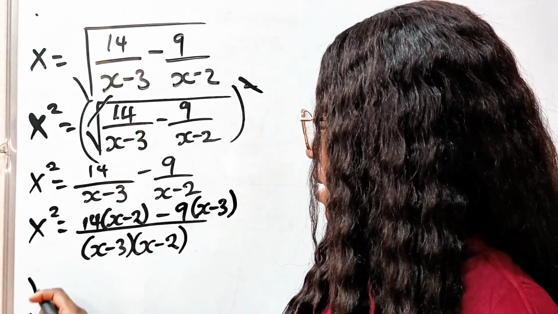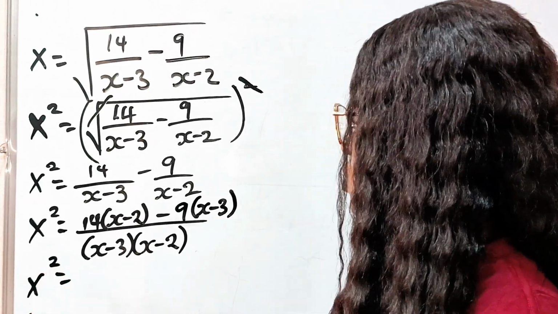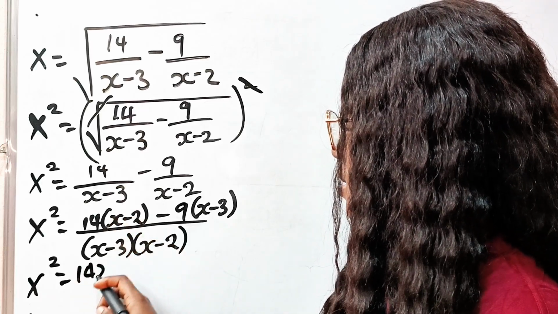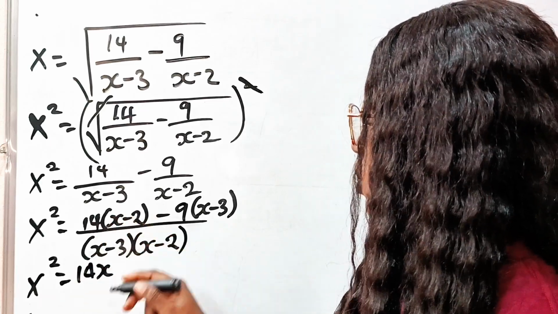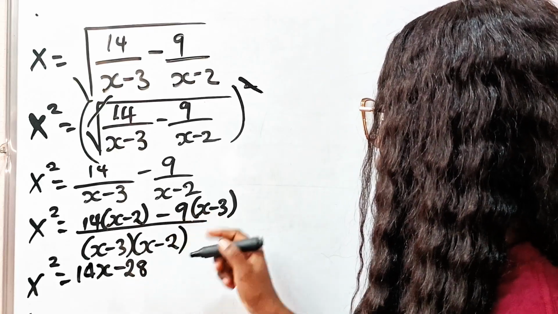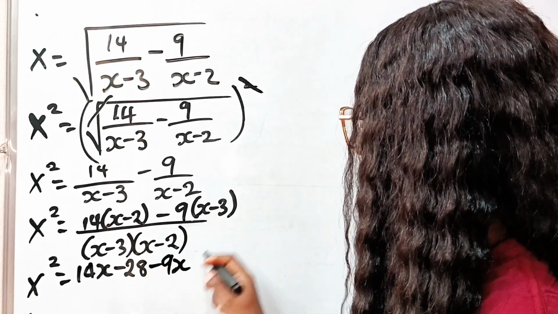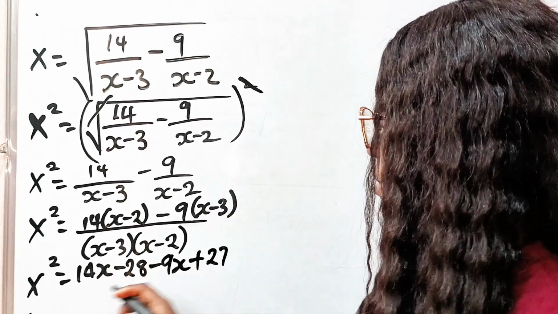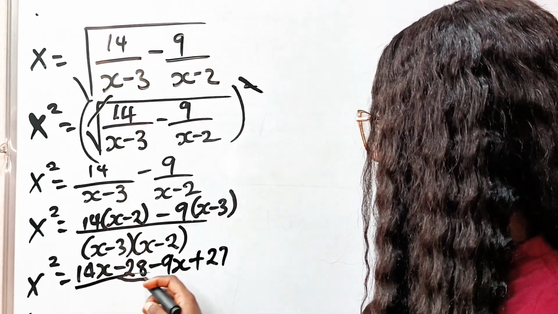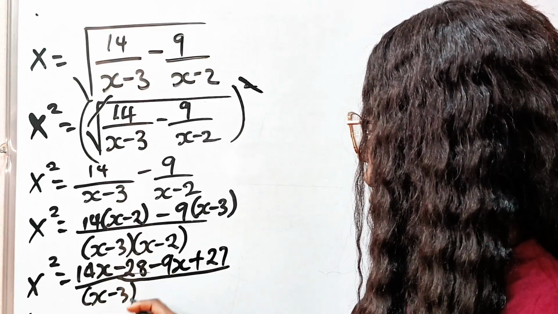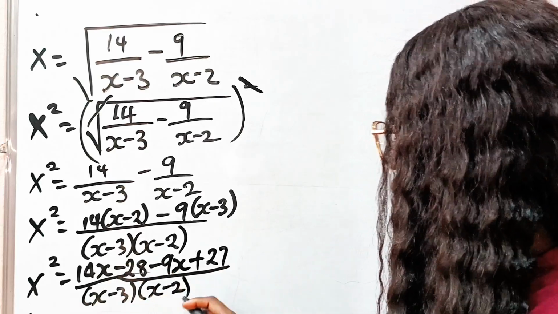So we have x squared is equal to 14 times x is 14x. 14 times minus 2 is minus 28. Minus 9 times x is minus 9x. Minus 9 times minus 3 is plus 27. Divided by x minus 3 into x minus 2.